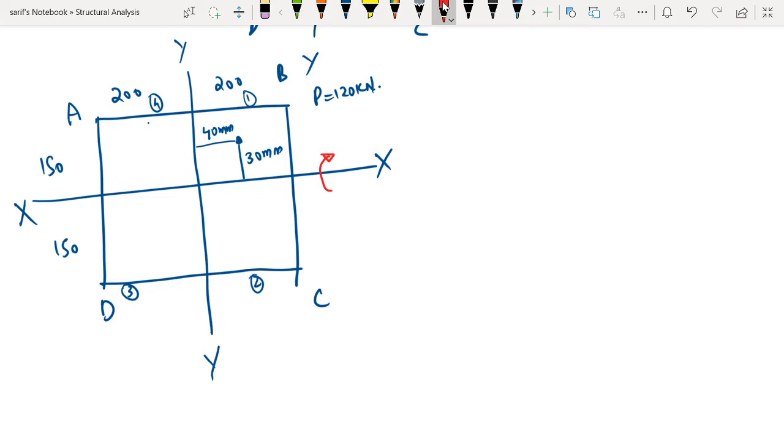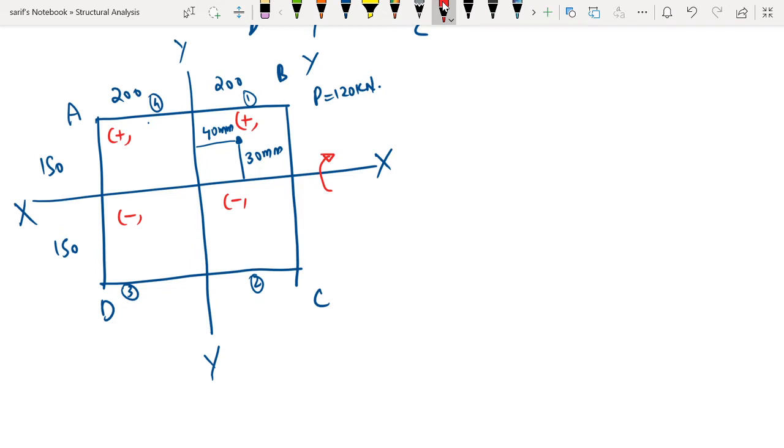For compression we will be using the positive sign, so we are going to have a plus here, a plus here, and a negative sign here and here. Now let us consider the moment about the y-axis.